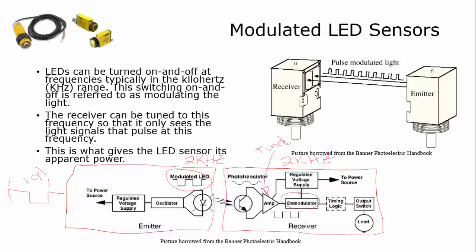But if you press channel up or volume down, it might be 3 kilohertz. And at your TV, the receiver has a demodulator with a whole series of tuned amplifiers that can then detect which frequency is being sent from the remote and then performs the function that the remote says.